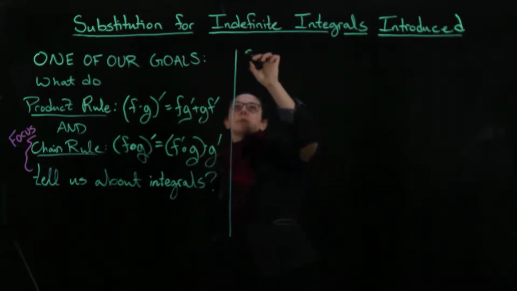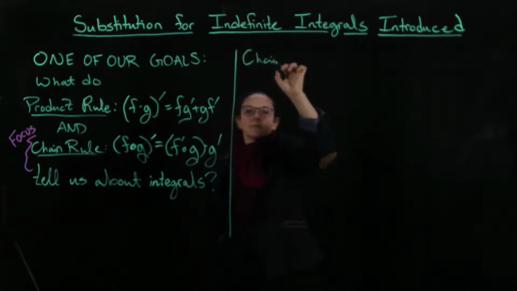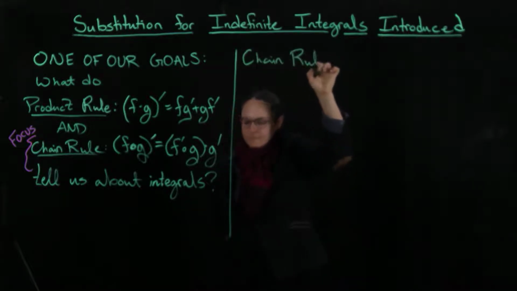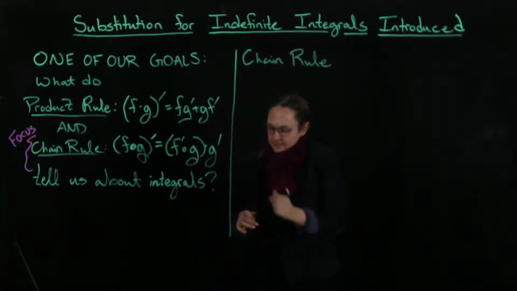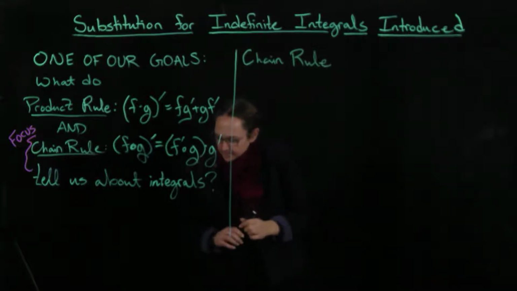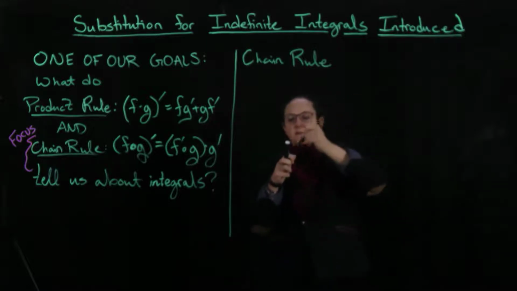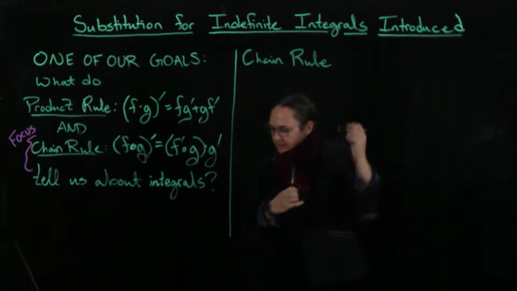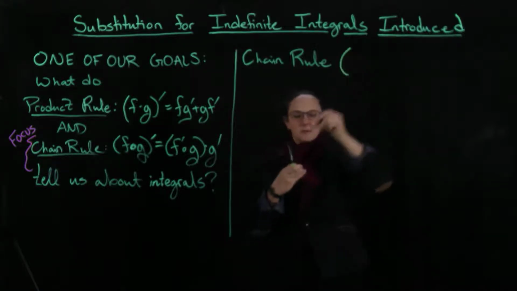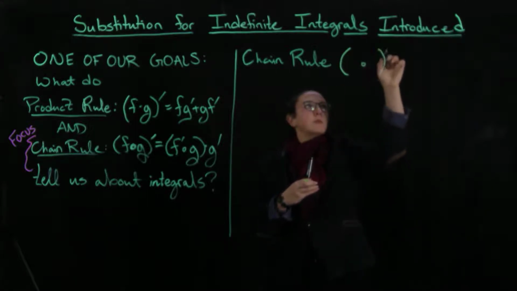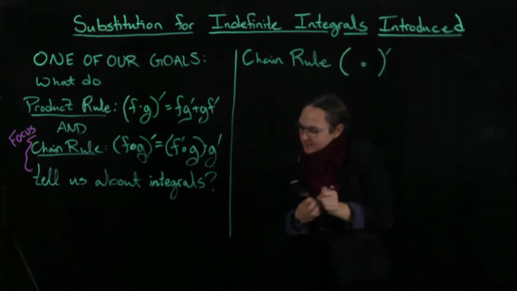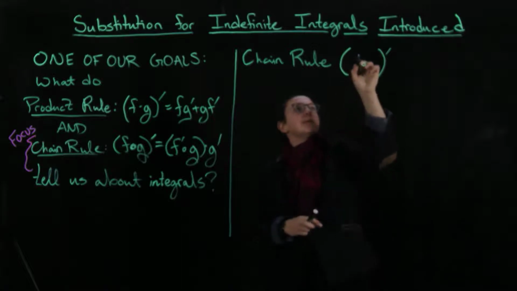So the chain rule, so if I'm going to take F composed with G prime, I'm going to make this big actually. Let's do this in a suggestive way. So I'm going to do F composed with G prime.